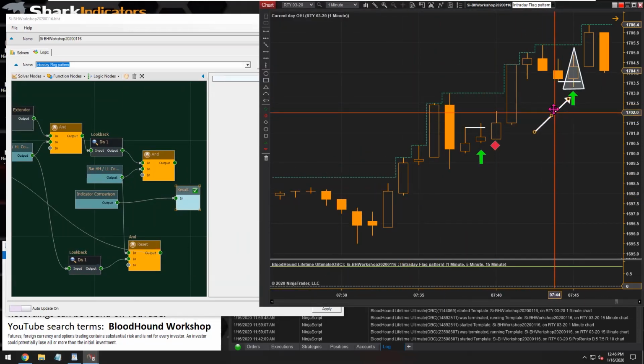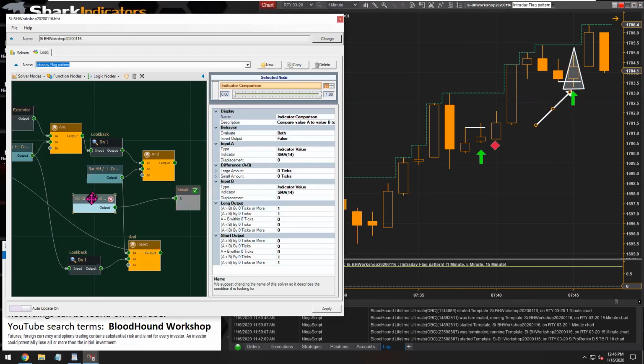I want to pay attention to this bar here when I'm building this comparison solver. Again, we're comparing bar prices to each other, just like how we compared the highs stepping down or making new higher highs. We're going to do the same thing.